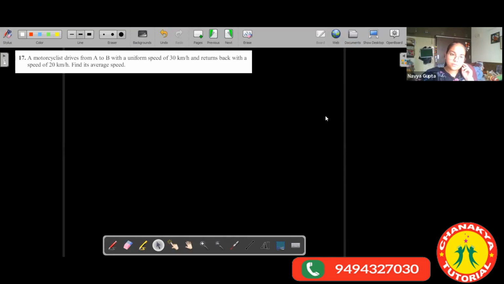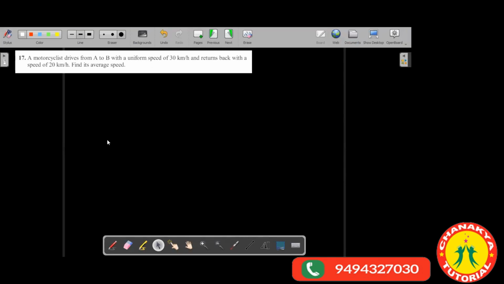Yes, sir. Okay. So for this question, see, there is no distance given. We just need to utilize the formula of average velocity. So let us say the motorcyclist starts from this point, travels to a certain point and then returns back.